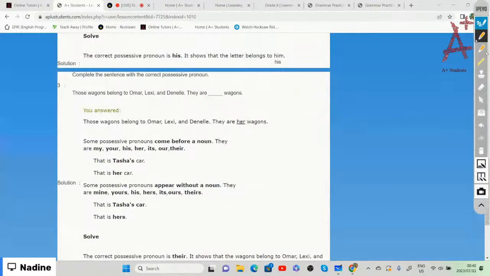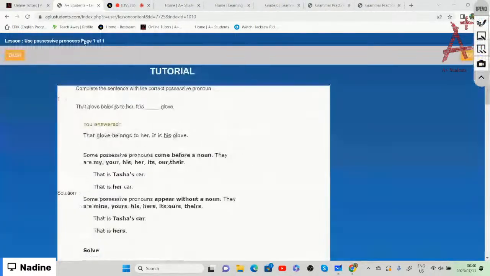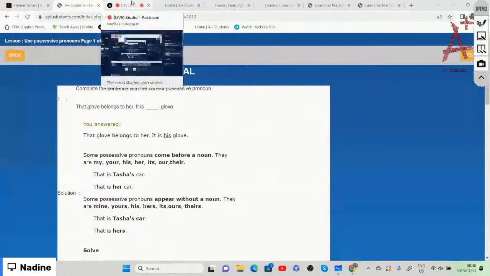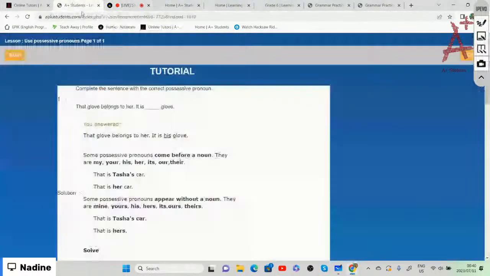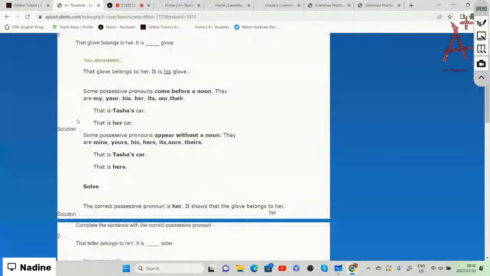All right. If you got at least two or more correct, then well done, because it means that you know how to use possessive pronouns within a sentence. And remember, some possessive pronouns come before a noun. Whenever we try to identify a possessive pronoun, remember, no apostrophes.